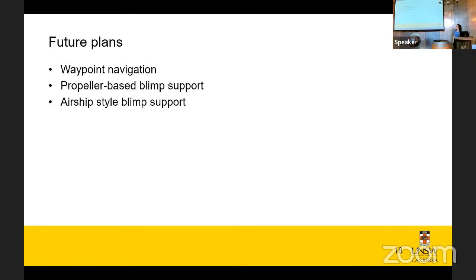Future plans are for waypoint navigation, where the plan is to implement some of Copter's libraries, and that's going to depend on the reworks. We also want to implement propeller-based blimp support. That's the more common configuration for indoor blimps, mainly because it's much easier to set up, because servos are finicky and they die very quickly when you use them like this, which is why it's a problem.